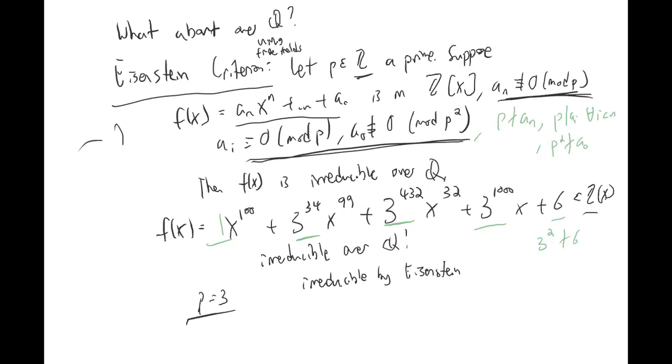Nobody's saying p is fixed; p is just some prime. If another prime works, fine, but in this case the only prime that works is 3, because I made it that way. Irreducible by Eisenstein criterion. Everyone clear on this?